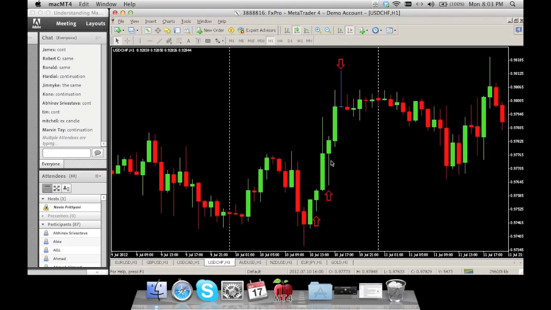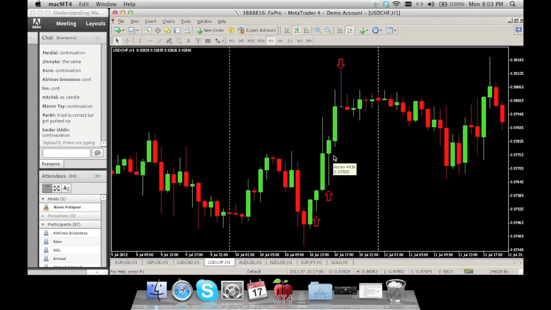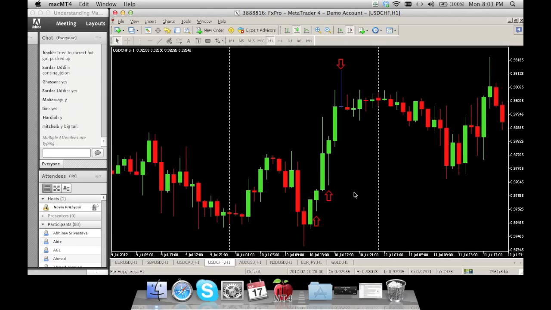These are upside down exhaustion candles. Now, is the second one significant? Okay, most of you are saying yes. And then the third one.